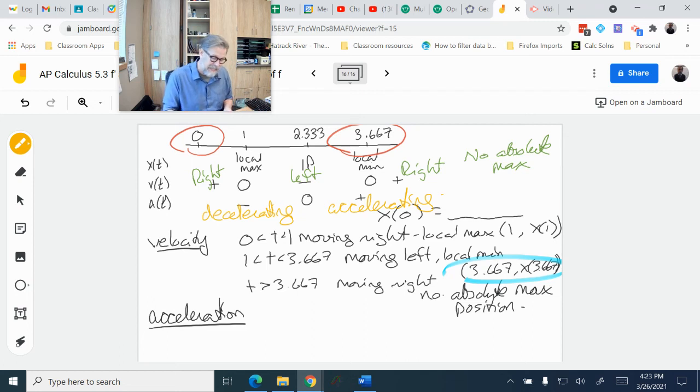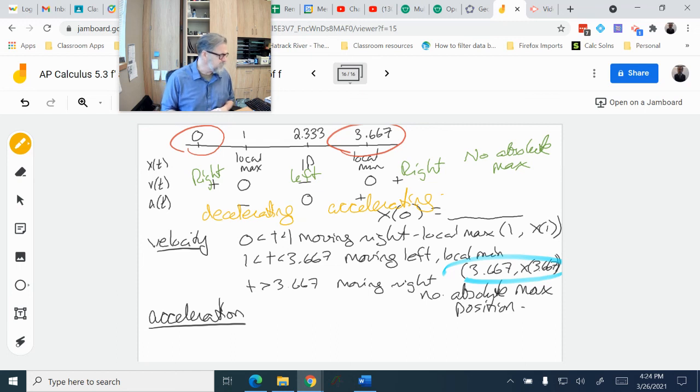That explains why it moves to the right, stops, and then moves back to the left: the acceleration is a drag on this particle. As the particle moves to the right, acceleration is pulling it backwards, and eventually it slows down and comes to a full stop. Then it starts moving to the left, and at some point during the leftward movement, the acceleration starts pulling it back to the right.